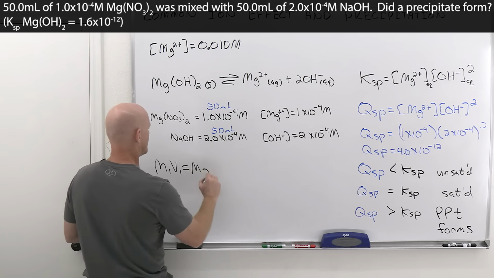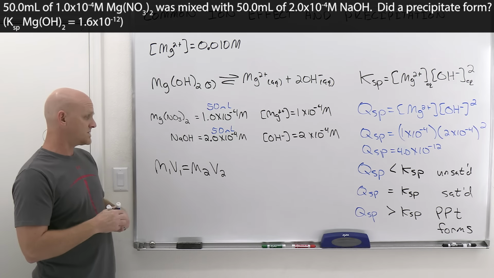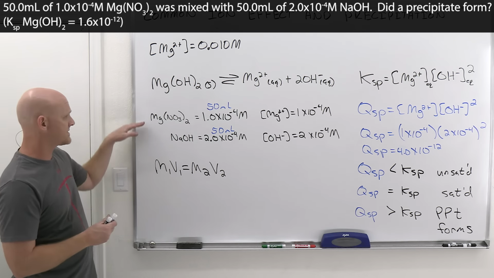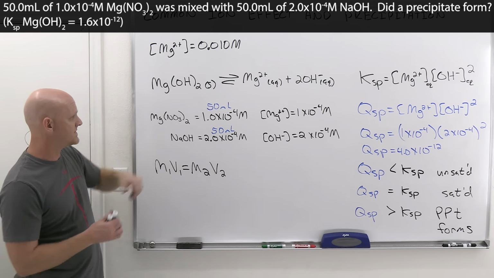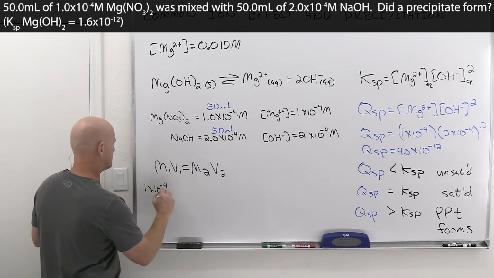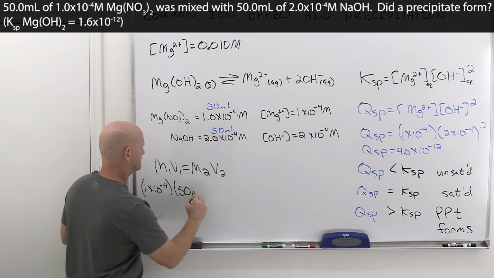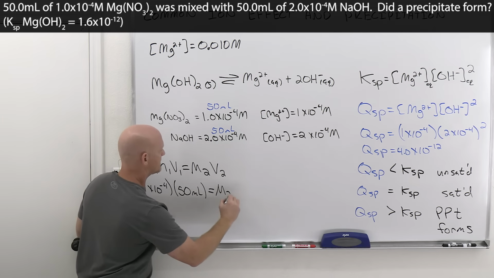And you might recall for dilutions, we use M1V1 equals M2V2. So for dilution calculations, we want to find out what's the final molarity. Well, in this case, like for the magnesium nitrate, let's say, the initial molarity is 1 times 10 to the negative 4 molar. The initial volume is 50 milliliters. Final molarity is what we want.